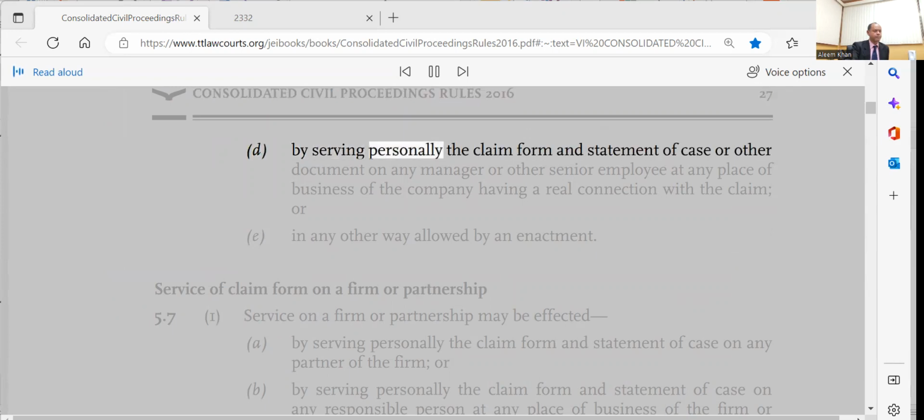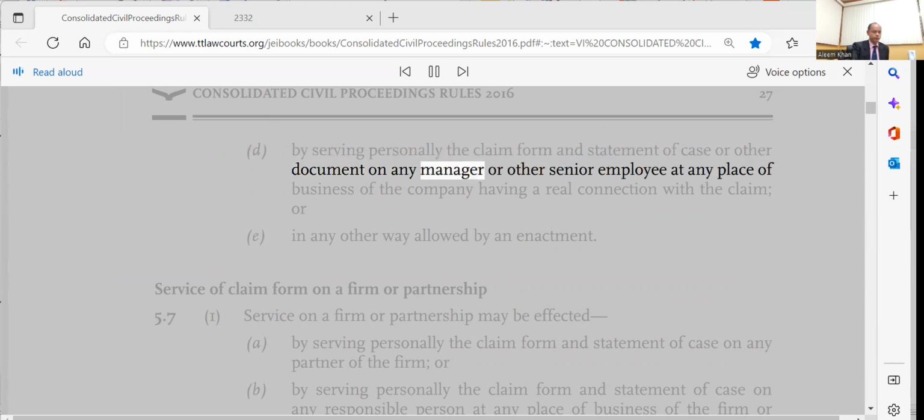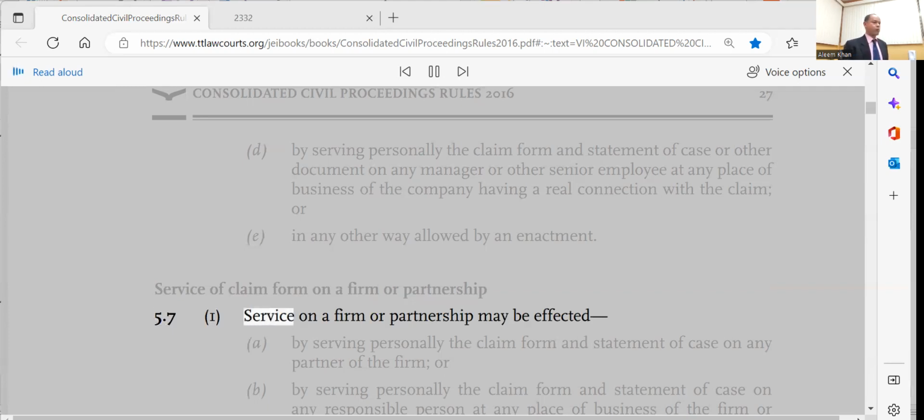D. By serving personally the claim form and statement of case or other document on any manager or other senior employee at any place of business of the company having a real connection with the claim, or e. in any other way allowed by an enactment. Service of claim form on a firm or partnership. 5.7. 1. Service on a firm or partnership may be effected a.